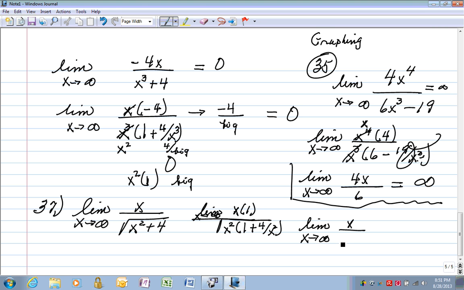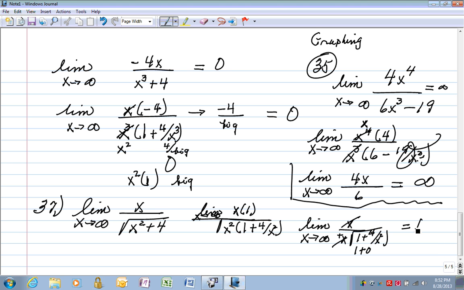It's going to infinity, so it's going to be a positive x times the square root of 1 plus 4 over x squared. This will cancel with this. As x goes to infinity, 1 plus 4 over x squared is 4 over big. 4 over big will give you 0. So your answer is 1.